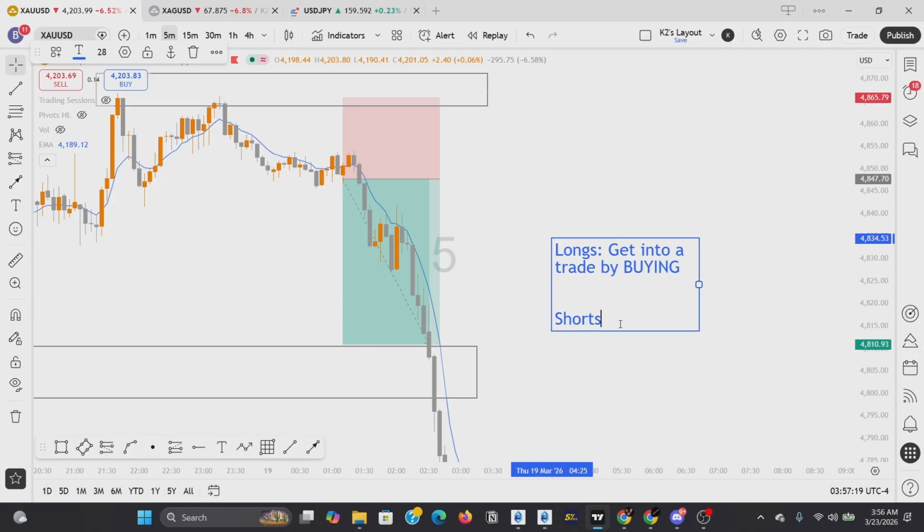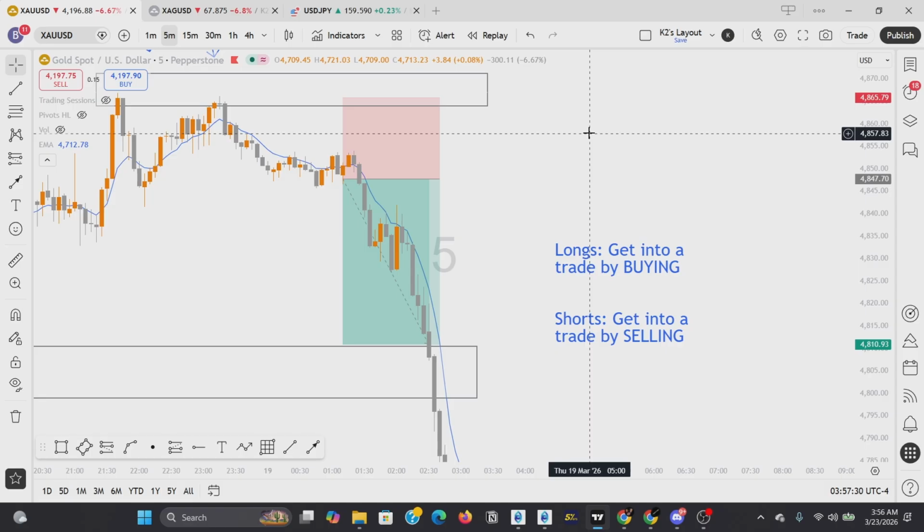A short is when you get into a trade by selling. Now that does confuse a lot of people who are first coming into trading, because a lot of people think that you can only buy whenever you're trading, and that when price goes up is when you make money. I can assure you that is not the case.